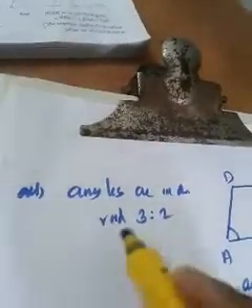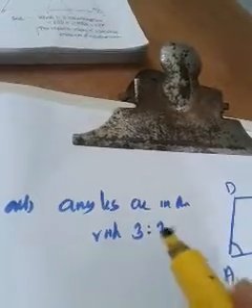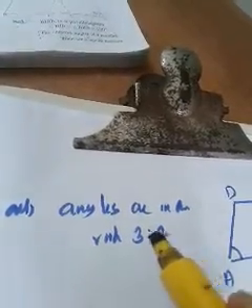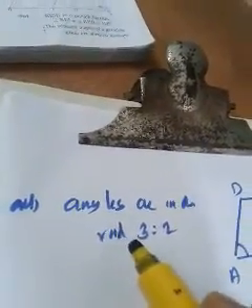Instead, their ratio is given. What is that? 3:2. Then can you convert? How can we convert a ratio into a number? If the ratio is 3:2, how can we convert it into a number? 3x and 2x. We already discussed this, isn't it? We already discussed questions with a ratio, and we know how to convert a ratio into a number.